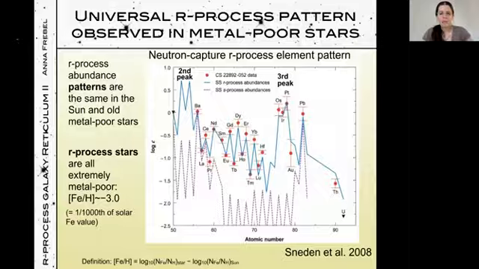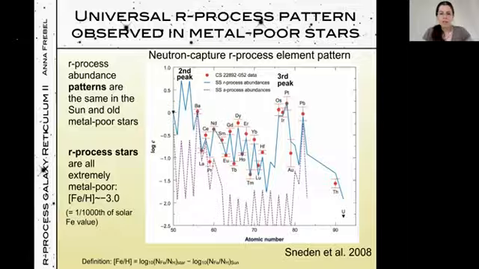This neutron capture process always produces the elements in the same ratios, and that looks exactly like this pattern that has been extracted for the sun. We see that in all the R-process stars that we have by now found in the halo. There's often a vertical shift that goes along with metallicity, so the overall amount might be different, but the ratios are always the same.